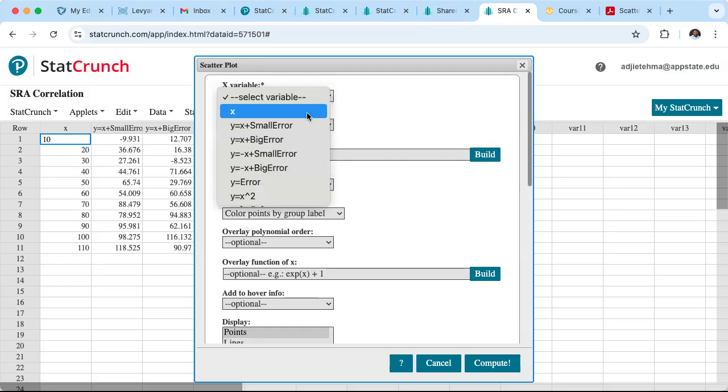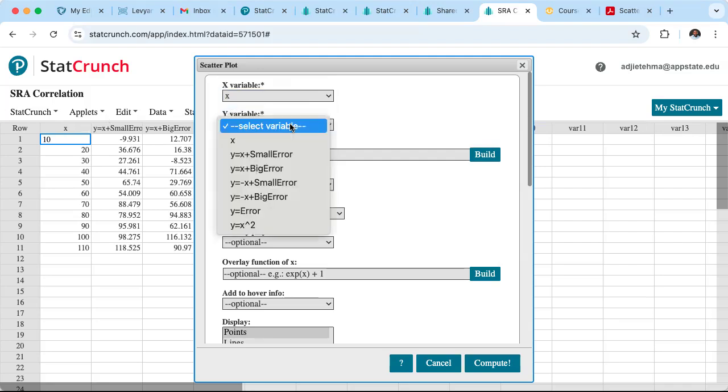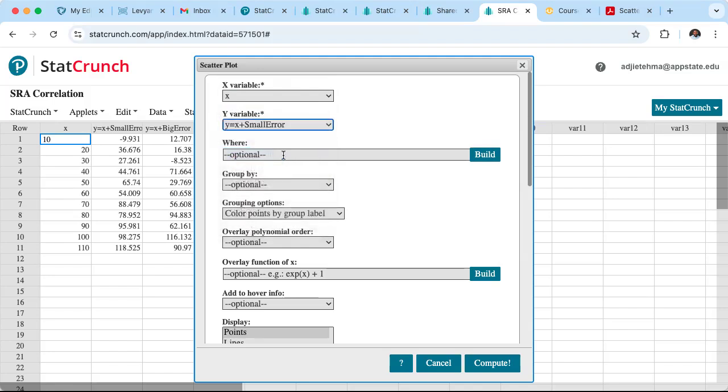And then let's choose the X variable to be X because it is X here. Let's do the Y variables one by one. So let's use this one first.